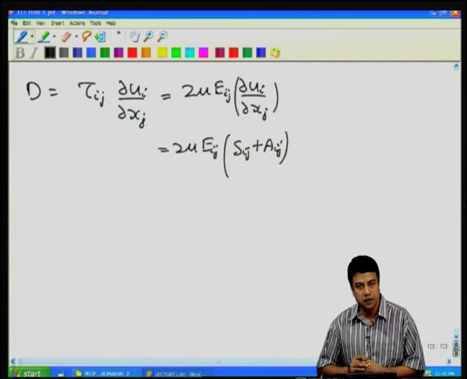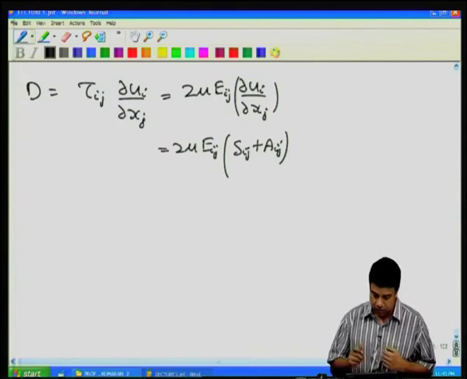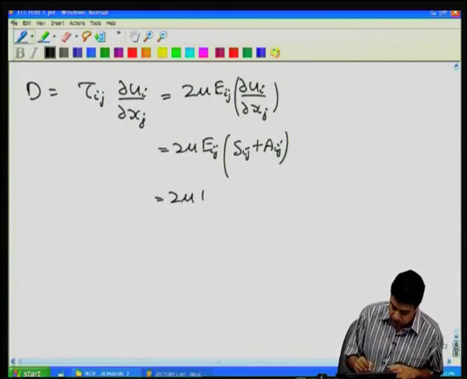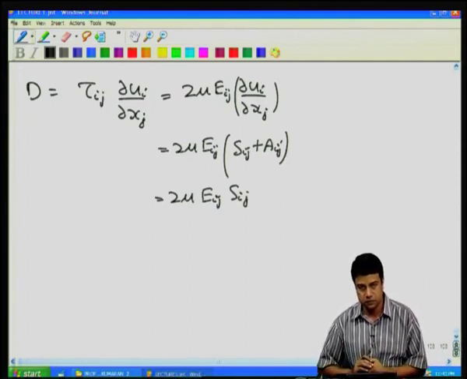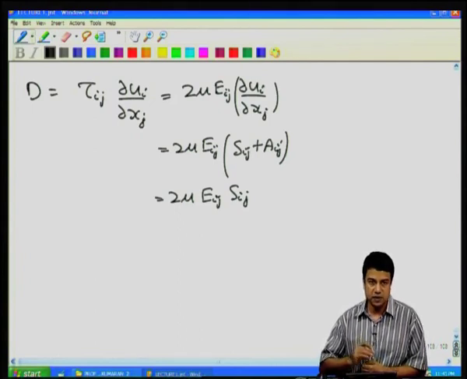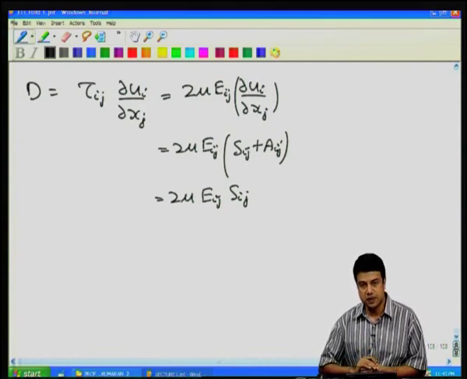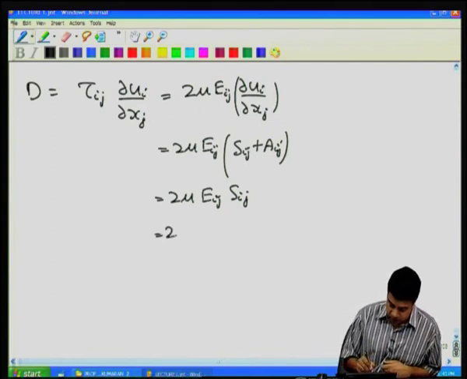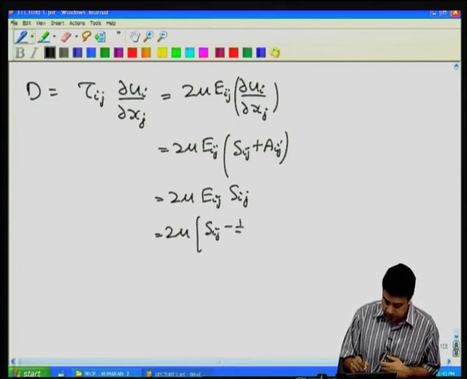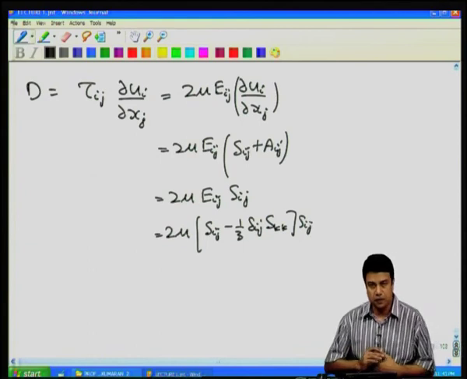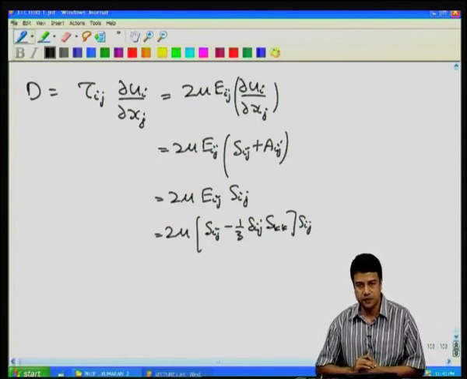The product of E_ij, which is symmetric, and the antisymmetric part is 0. Therefore, this can also be written as 2 mu E_ij times S_ij. And you know that E_ij is the symmetric traceless part, S_ij is the symmetric part. So, this is just equal to 2 mu, the symmetric traceless part, which is S_ij minus 1/3 delta_ij times the trace, times S_ij.